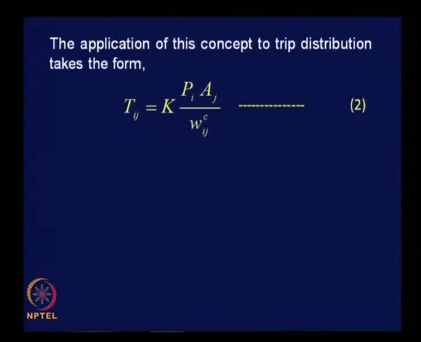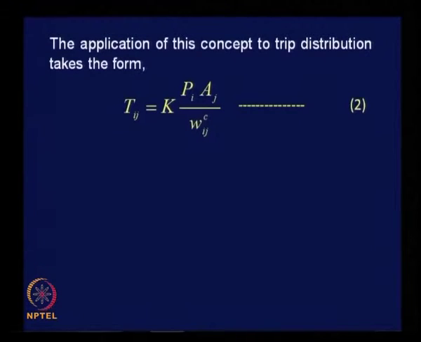So, m1 and m2 are represented simply as Pi and Aj, and F is understood here as the total number of trip interchanges between this particular zonal pair, between zones i and j, is it not?